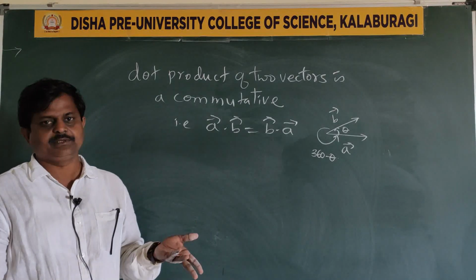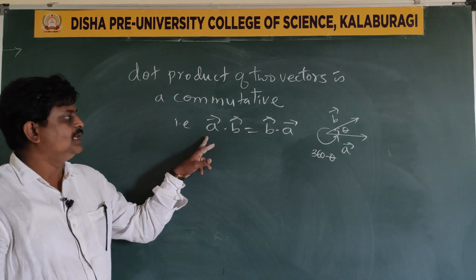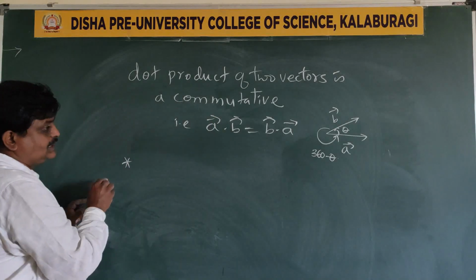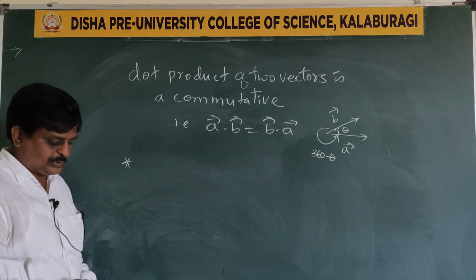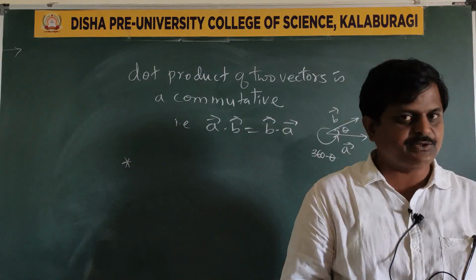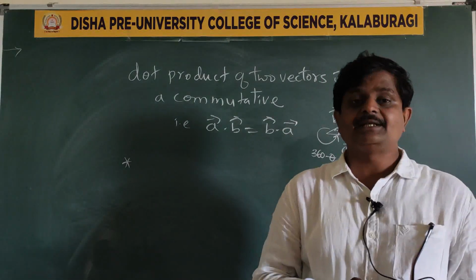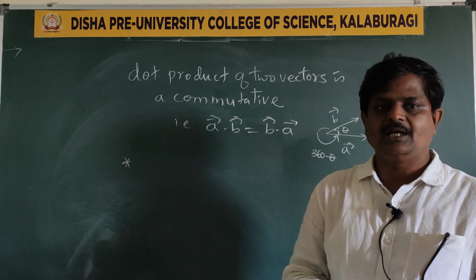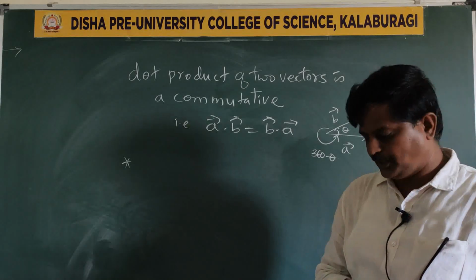Once again, cos theta only. That is the reason why we say the dot product is commutative. And now, examples. The dot product of two vectors is what? Scalar. That is the reason why the name of this product is scalar or dot product.